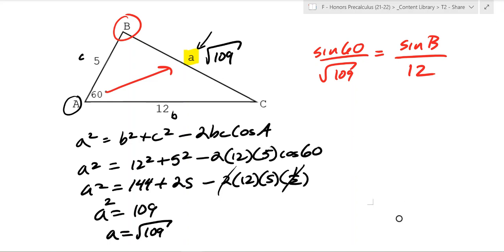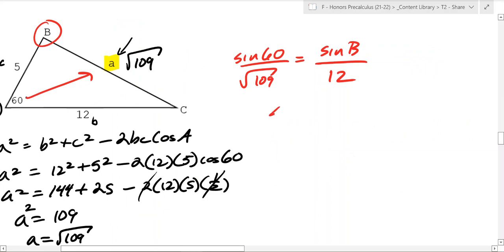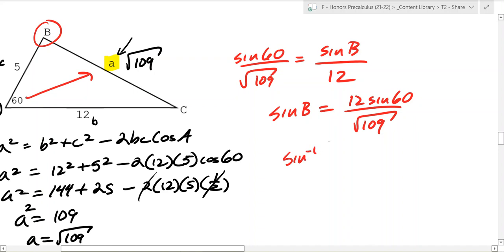You cross multiply. So you end up with sine of B equals 12 sine of 60 over the square root of 109. And then you have to do the sine inverse of this thing. It looks bad, but that just means you use your calculator. You type it all in, and that is equal to angle B right there.